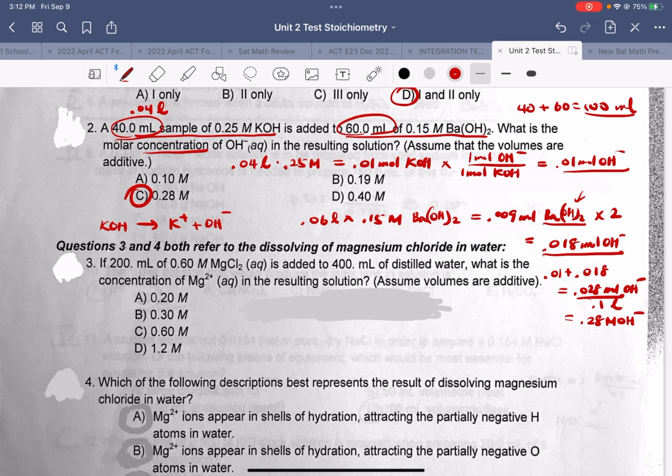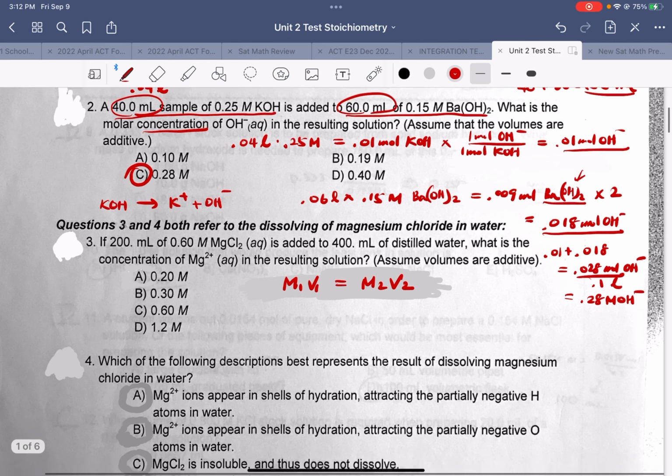You can simply use M1V1 equals M2V2. You don't have to change this into liters. If this volume is in milliliters, then the other one should also be in milliliters. So for MgCl2, you can say 0.6 times 200.